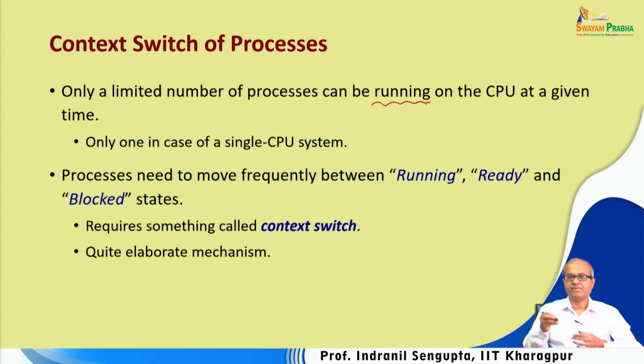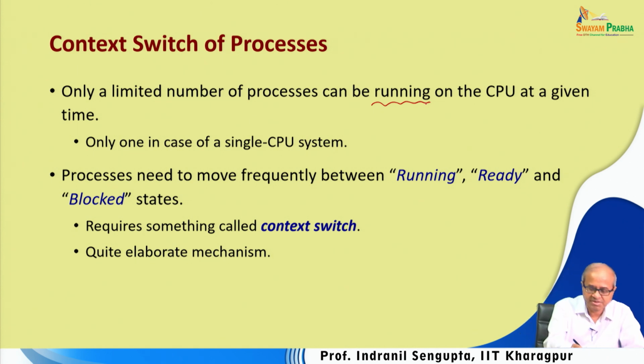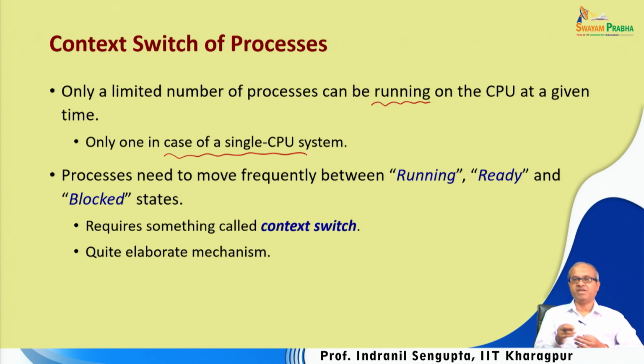Okay? This you must remember. So, there will be a lot more processes which may be waiting to get the CPU, they are in the ready state. So, for a single CPU system, there will be a single process which will be running on the CPU, and all others will be waiting either in the ready or the block states.